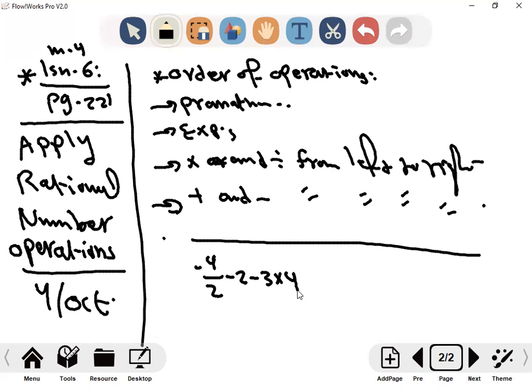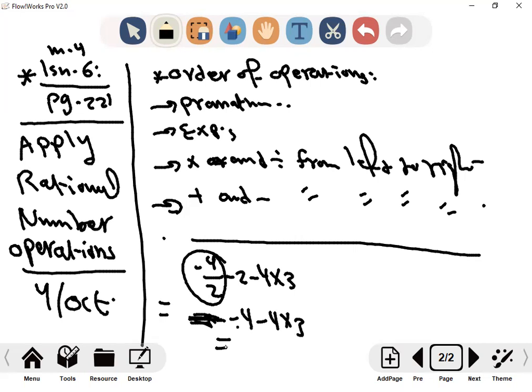Many students did negative 4, negative 4, negative 8 multiply 3, negative 24. But they forgot that we cannot add and subtract before multiplying.